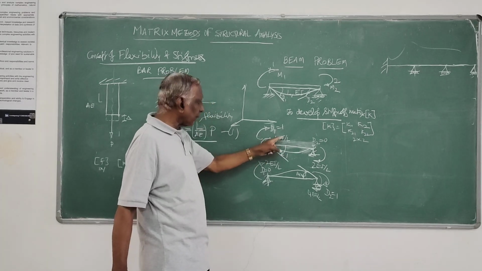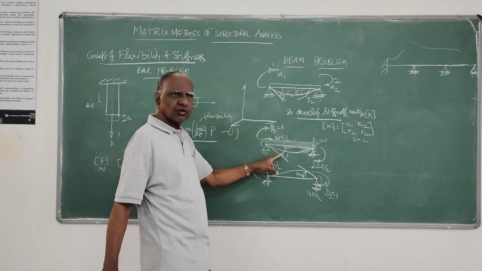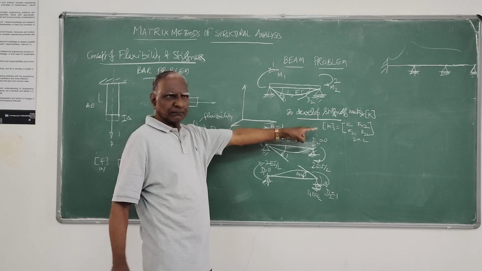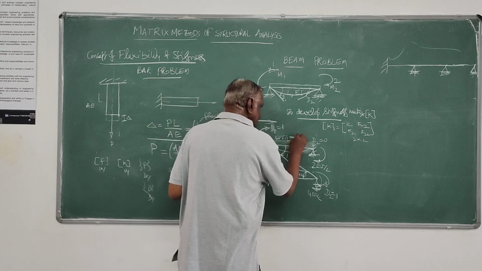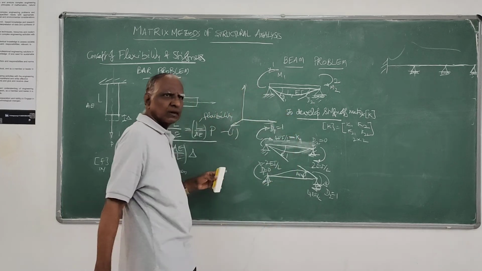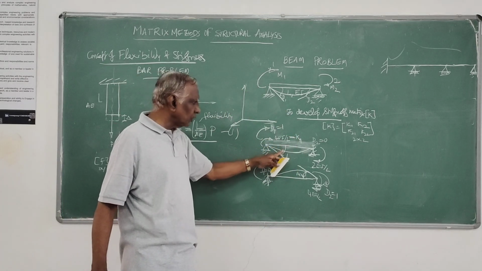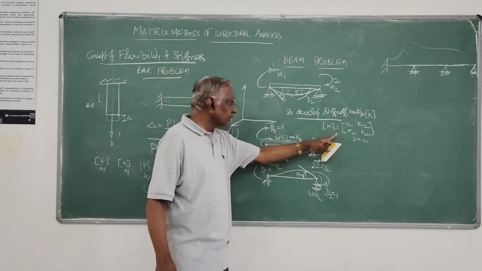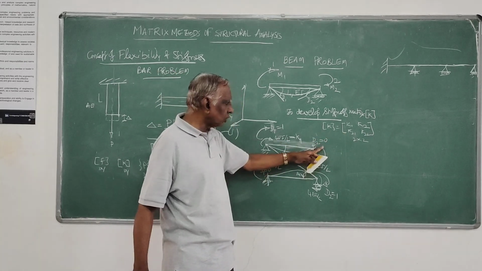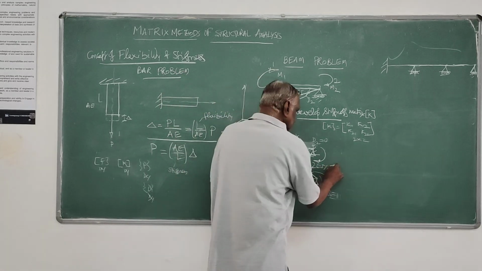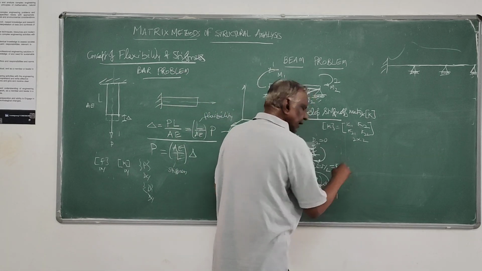In this case, I have applied a unit displacement of 1 here, and whatever force is developed, that is K11. So that means force developed along 1 due to unit displacement at 1. So this K21 is the force developed at 2 due to unit displacement at 1. So this is nothing but your K21.